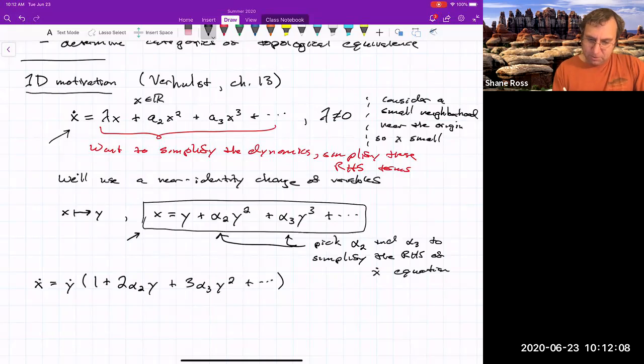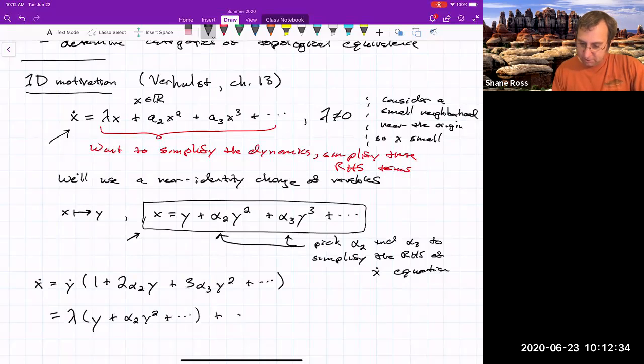And now we'll substitute in the equation up above, which was the right-hand side of the ODE. So this would be lambda, but now instead of x, we're going to write y plus alpha 2 y squared, and so on.